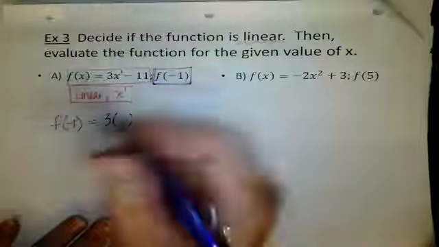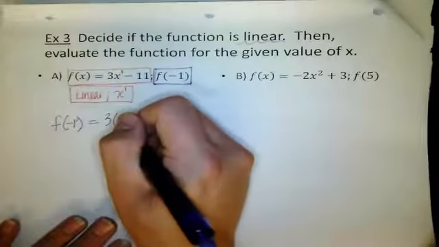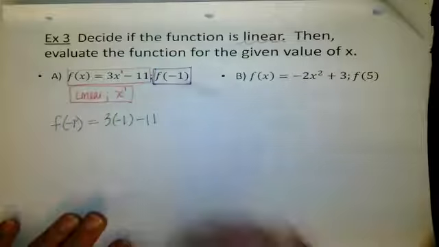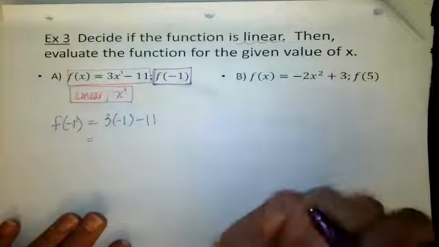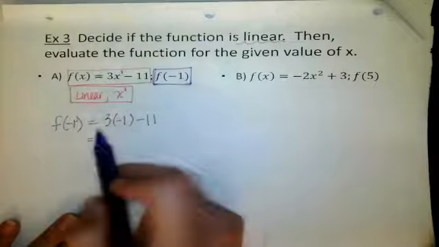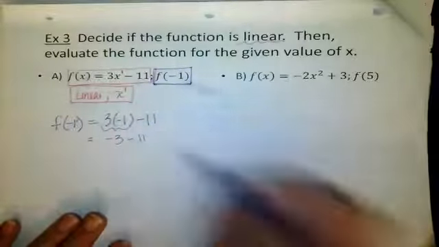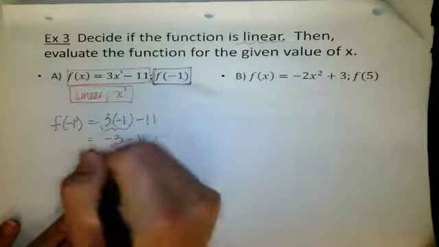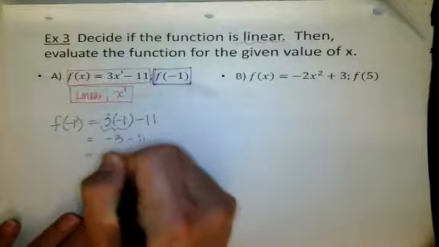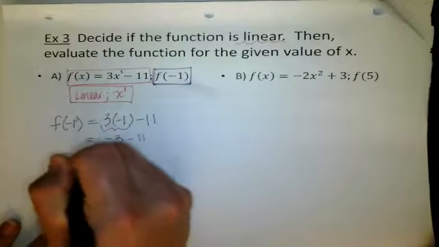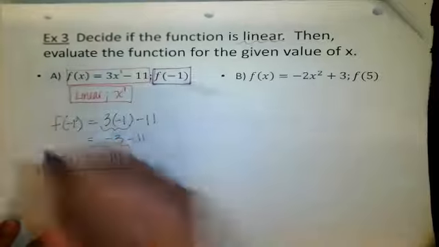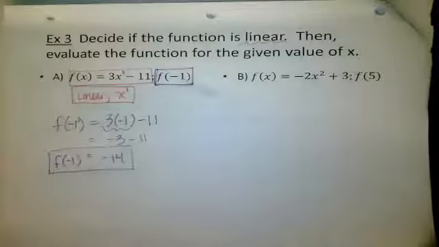What am I plugging in place of x? A negative 1. What is 3 times negative 1? Negative 3. Negative 3 minus 11? Negative 14. f of negative 1 equals negative 14.